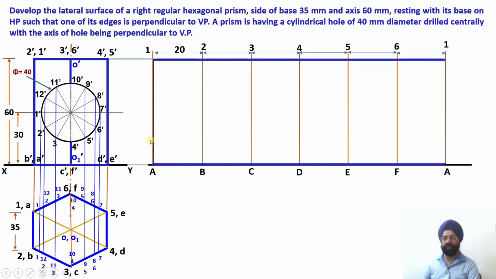So please check, this is my 1, this is my A edge. Second vertical edge we have drawn 2B. Third vertical edge 3C. Fourth vertical edge 4D. Fifth vertical edge 5E. Then you have 6F and 1A over here.